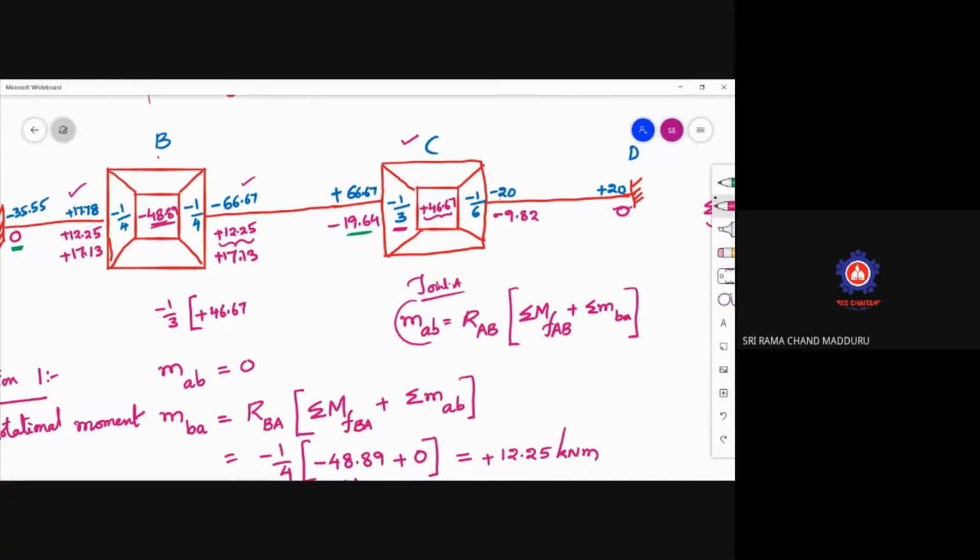The far end rotational moments are plus 17.13 and 0. The other far end is 0 only. So plus 17.13 plus 0 plus 17.13. That means you are adjusting by the iterations.